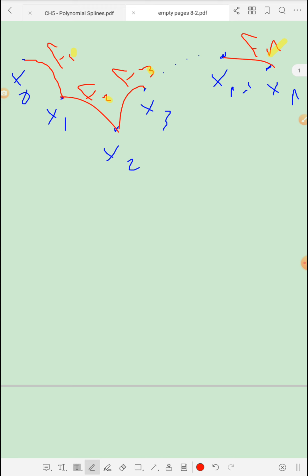Each polynomial connects two data points. So f1 connects x0 and x1, f2 connects x1 with x2, f3 connects x2 and x3, and finally fn connects xn minus 1 and xn.